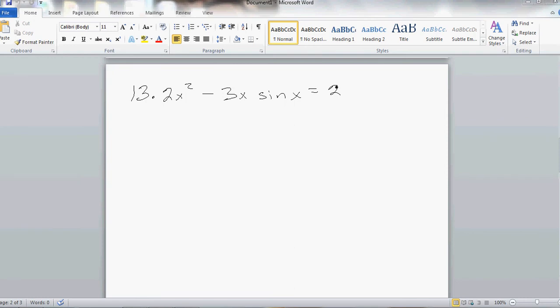There's just no way we could solve this algebraically. So what we're going to do is get everything to one side by subtracting 2. And then we're going to graph this. Y equals 2x squared minus 3x sine x minus 2, and find the x-intercepts, and those x-intercepts occur at negative 1.93 and a positive 1.93.